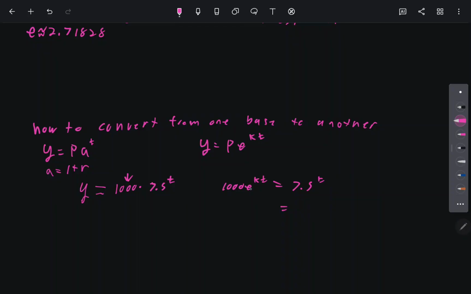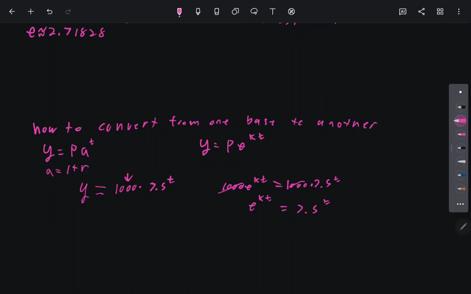Now, a way that we can solve this is to divide everything with t's to one side. Or wait, this needs to have 1,000 on it. 1,000 times 7.5 to the t. So the thousands will cancel, but we're still left with e to the kt is equal to 7.5 to the t.